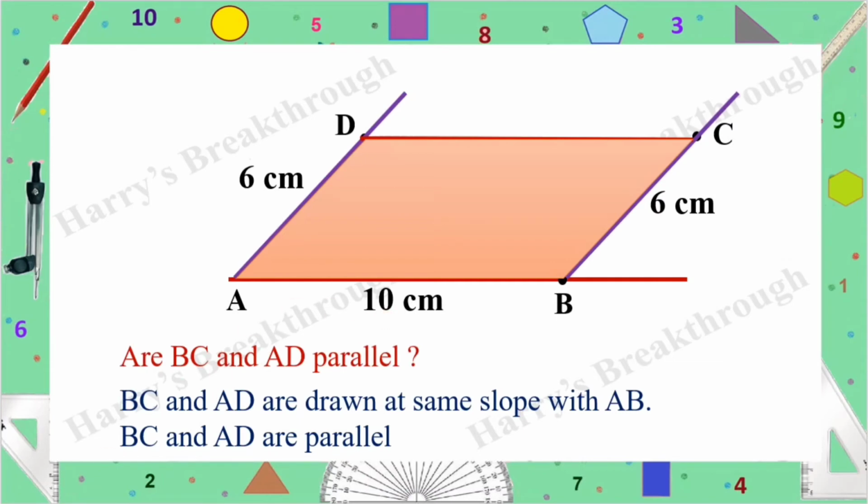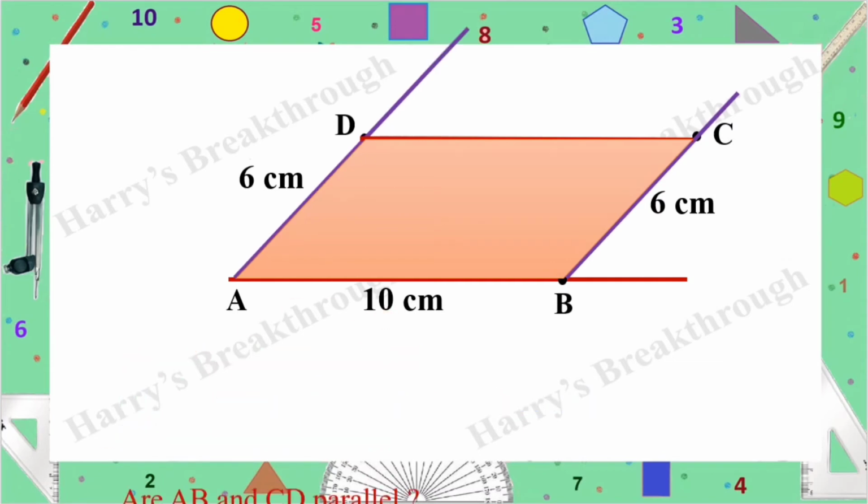Okay, now let's check whether AB and CD are parallel. These two horizontal lines. How can we check that? How do we know two lines are parallel? One method is we can extend these lines, and if these lines don't meet, then we can say that these are parallel.